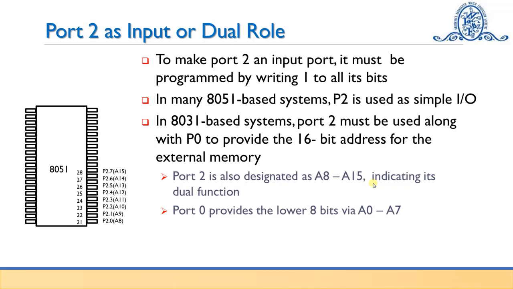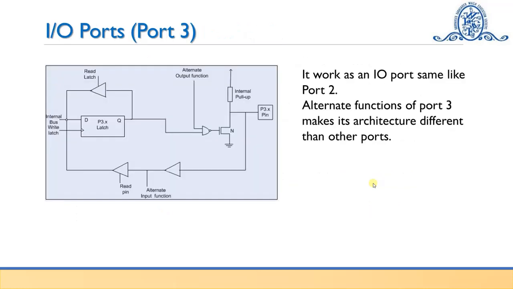Port 2 is also designated as A8 to A15, indicating its dual function, and port 0 provides the lower 8 bits. This can be called either A0 to A7 or AD0 to AD7. These are multiplexed.